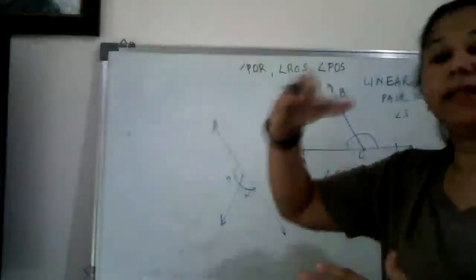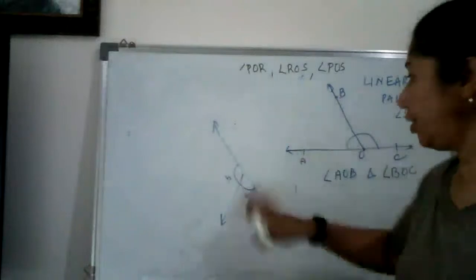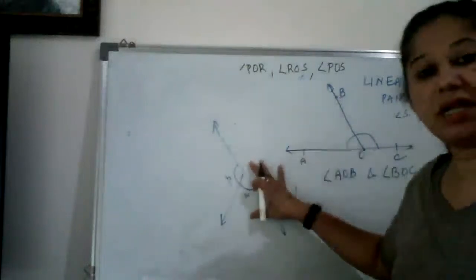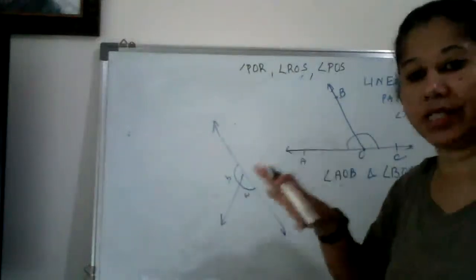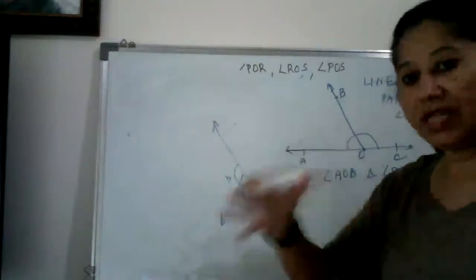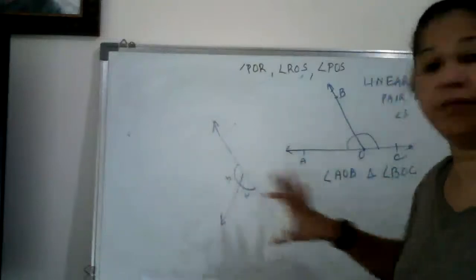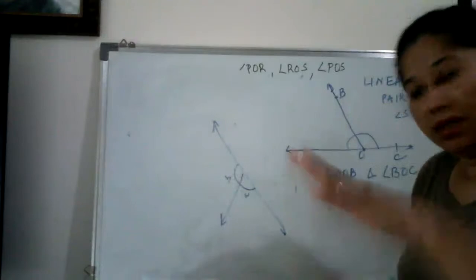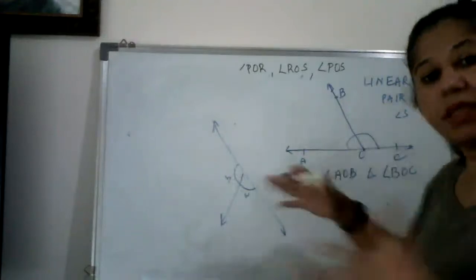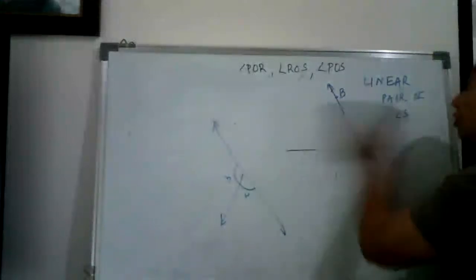It could be in any direction. The condition is the same: the sum will be 180 degrees and they are adjacent angles also. So if they satisfy both conditions, you can call them a linear pair of angles. Traditionally we draw like this, but it could be in any direction. Right? Now let's move on.